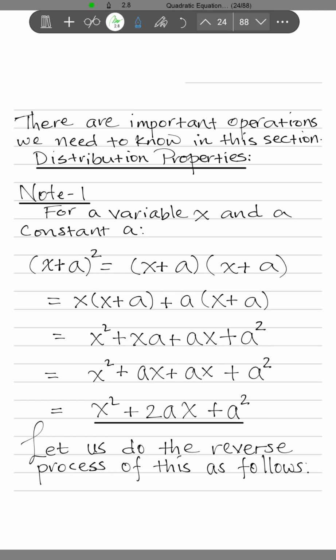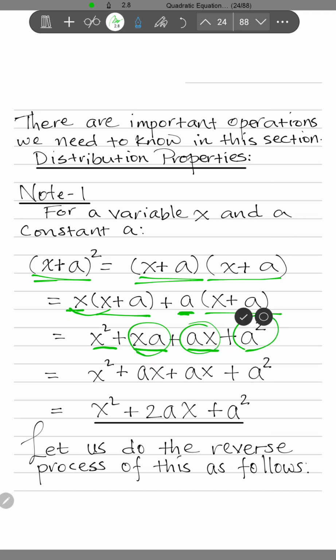For a variable x and a constant a, x plus a, the whole square, is x plus a multiplied by x plus a, which is x into x plus a, plus a into x plus a, which is x squared plus xa plus ax plus a squared. xa and ax are the same thing, so x squared plus 2ax plus a squared.